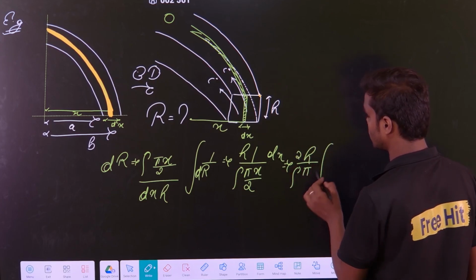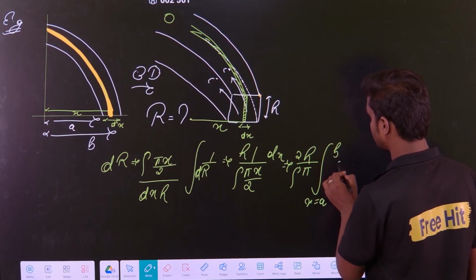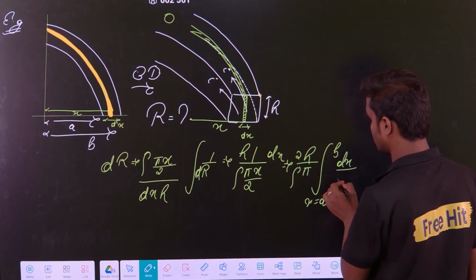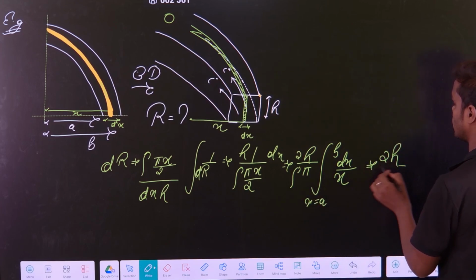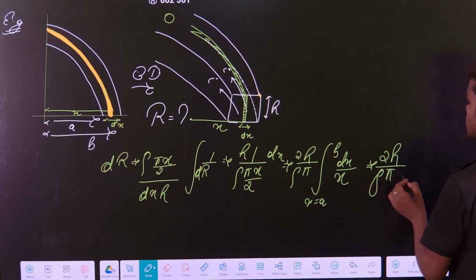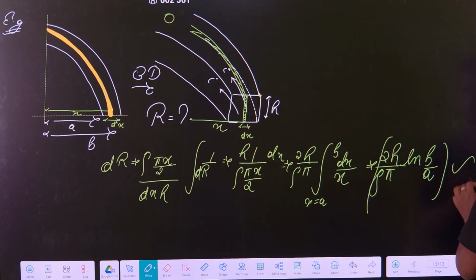Integration of dx, what is the limit you have to put? From x equal to a to b, you have to integrate dx with respect to x. So what is the value you will get? You will get 2h by rho pi, and this will become ln b by a. This much ohm is the answer.